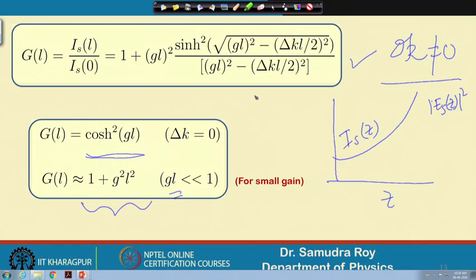If I consider gain as a ratio between two quantities, the intensity of the signal at output and the intensity of the signal at input, then I find that the gain is greater than 1, because the simplified expression shown in the last slide is 1 plus G square L square. That means G square L square is greater than 1. So, gain greater than 1 means we have some kind of amplification, and the general expression is also shown here. So, with this note I would like to conclude.